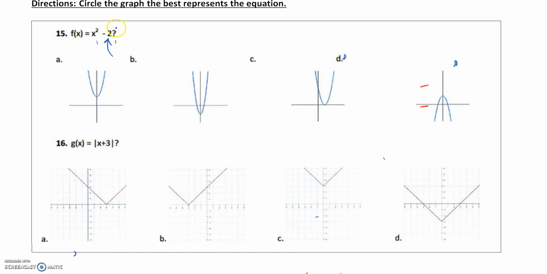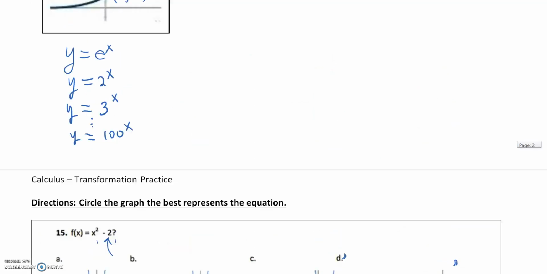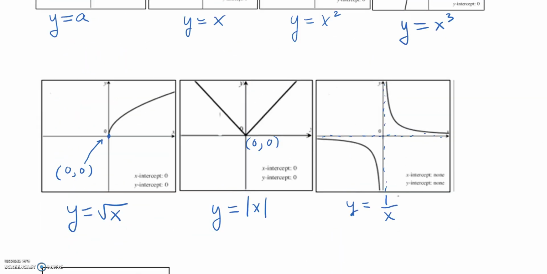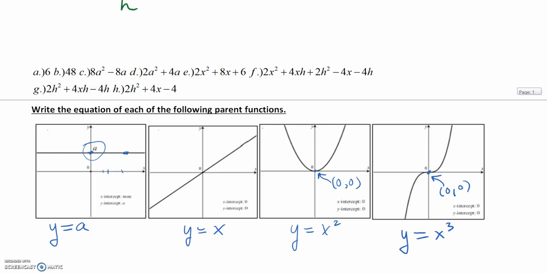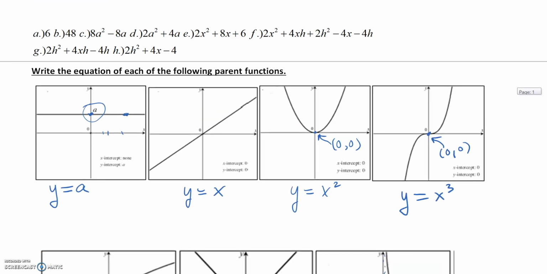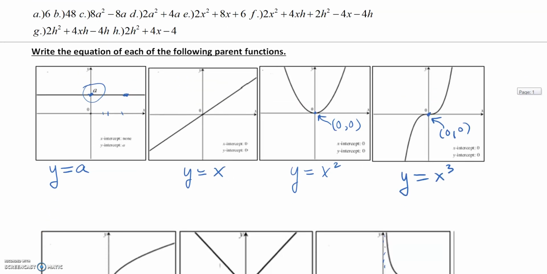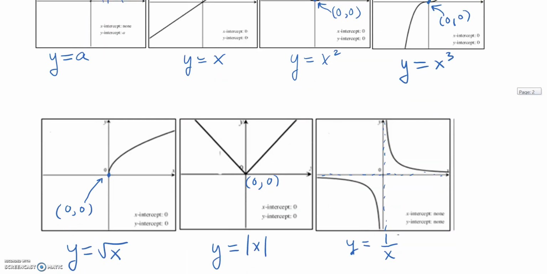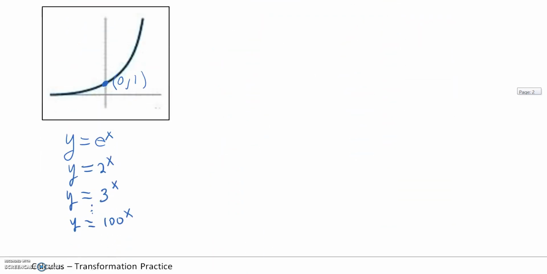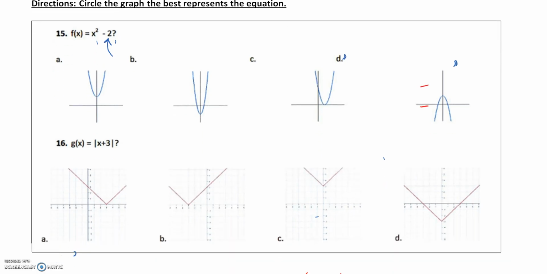So the 0, 0 that we saw above in the quadratic function is going to be moved down 2. So if it's going down 2, it should be at 0, negative 2. So which of these functions moved down 2, and that's all that's happened? Well, it looks like option B went down 2.